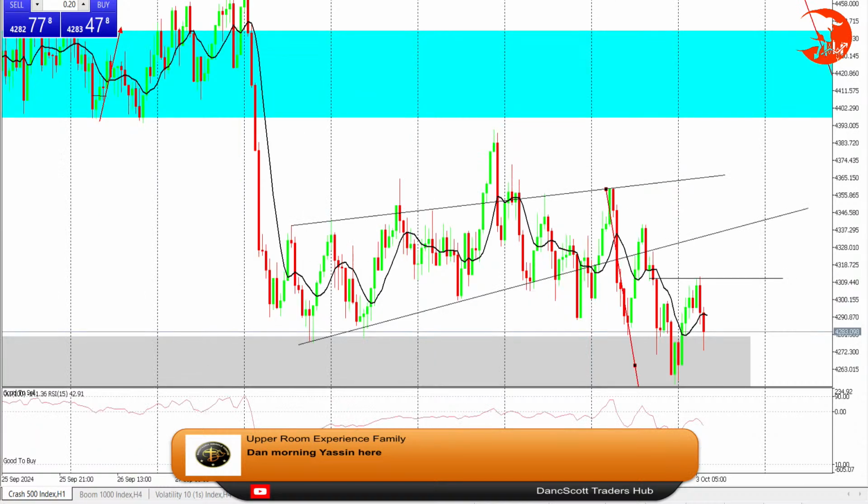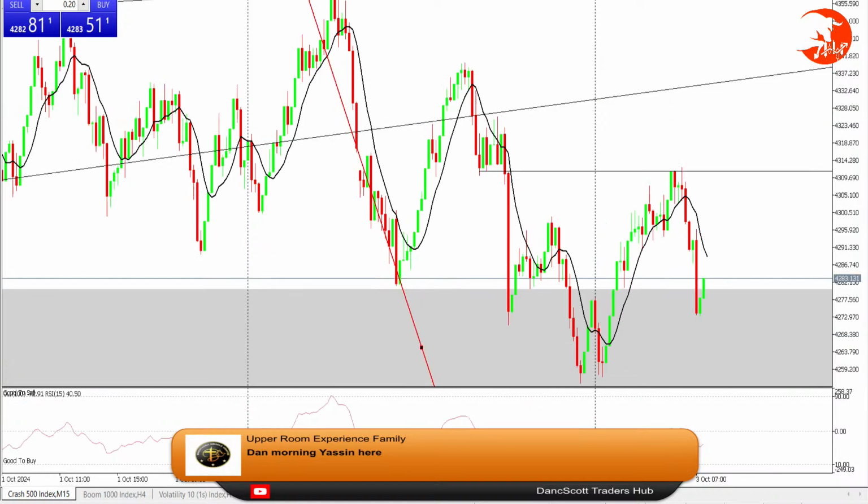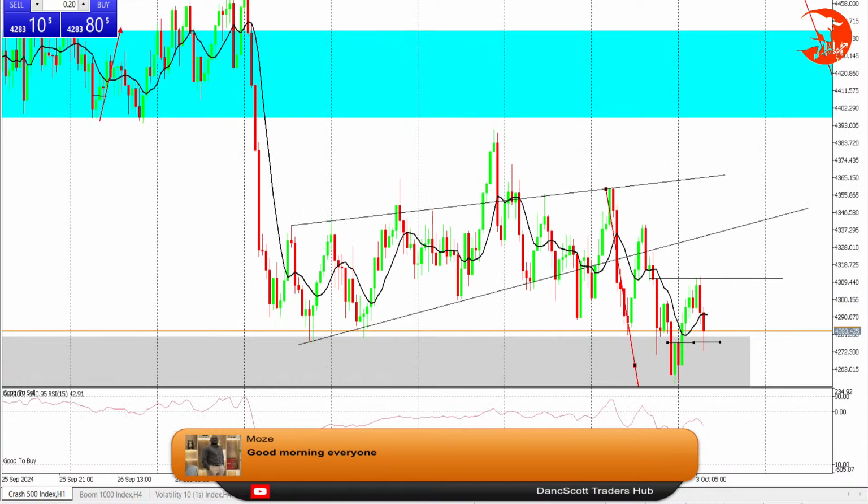According to M15, according to H1, it's almost the same. So failed to make a new lower low down below, gave us a double bottom, then started to go into the highs. So this is sort of a return to the breakout structure. Probably the order block on H1. Yes, return to order block on H1, this one here.